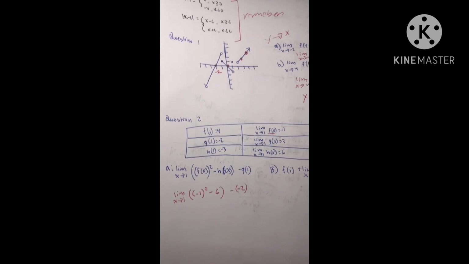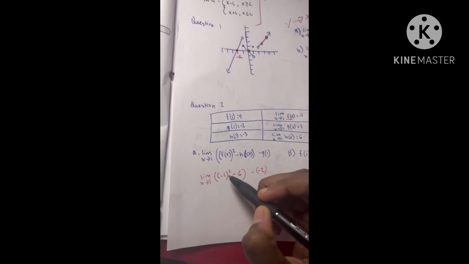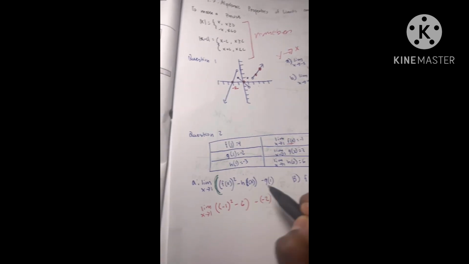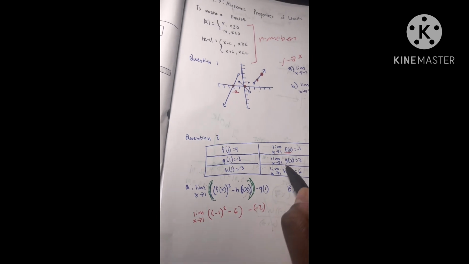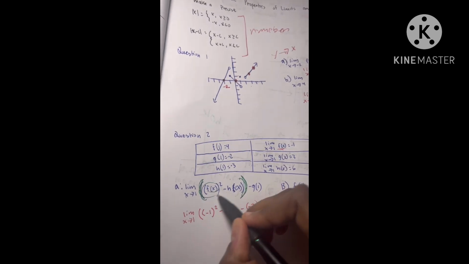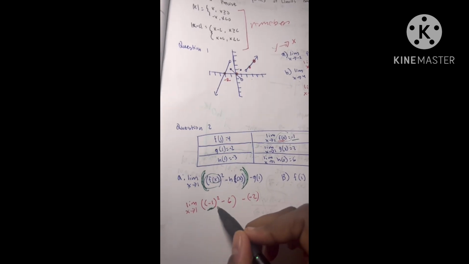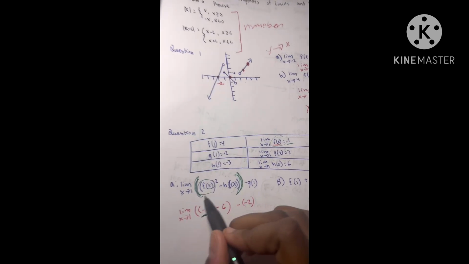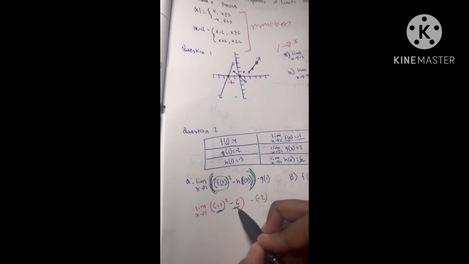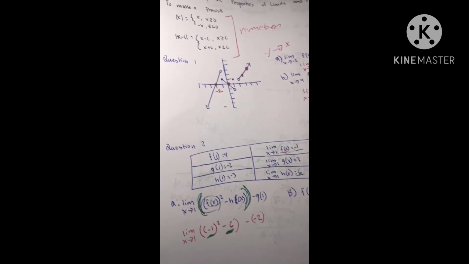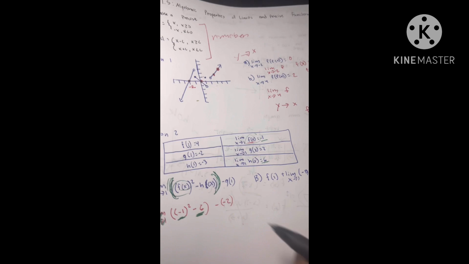Okay, so I plugged in the values from my table, and to break it down, this whole parentheses right here is the limit as x approaches 1. So you'll be using the f of x one, which is in the circle, which is -1. That's how I got my -1 down here. In the limit as x approaches 1, h of x is 6, and that's how I got my limit down here. I didn't really have to put that, it just helped remind me that this was in big parentheses.